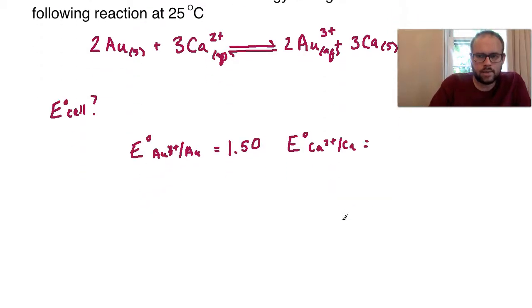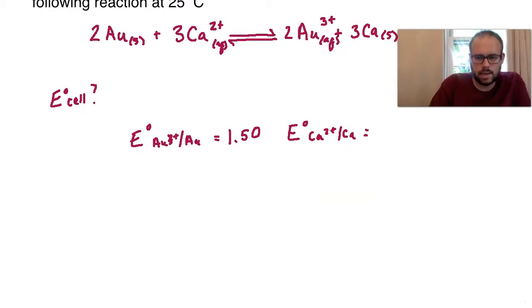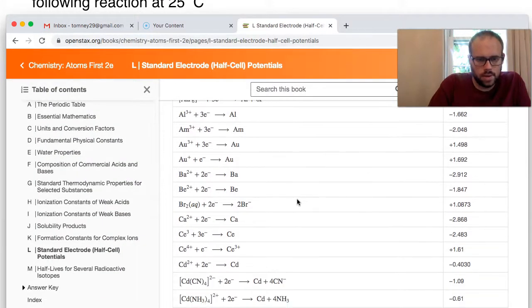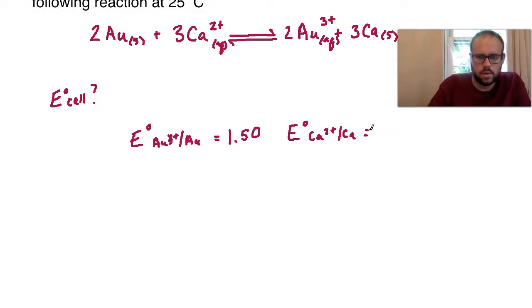All right, so then calcium, I need the calcium 2+ and calcium. So go down, here's calcium 2+ and calcium, okay, and it is negative 2.868, so negative 2.87 is the value that I'll use there. Okay. So coming over here, we've got negative 2.87.